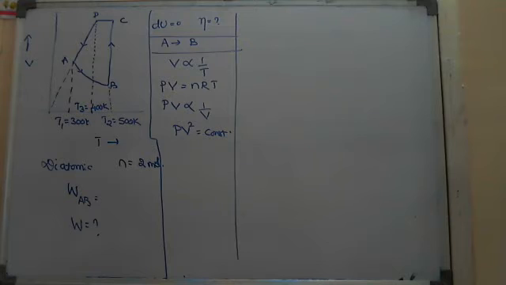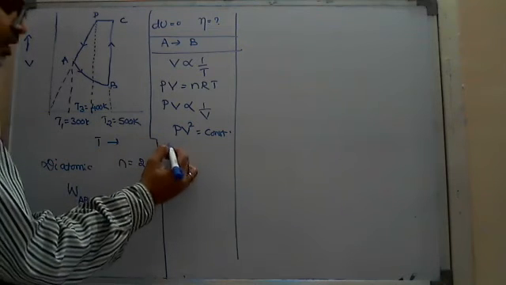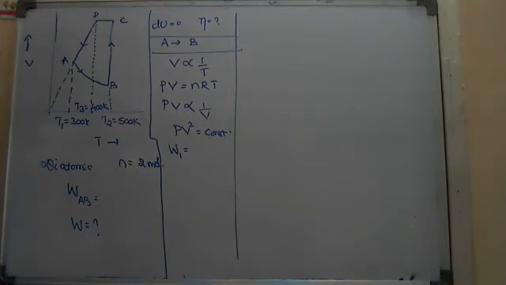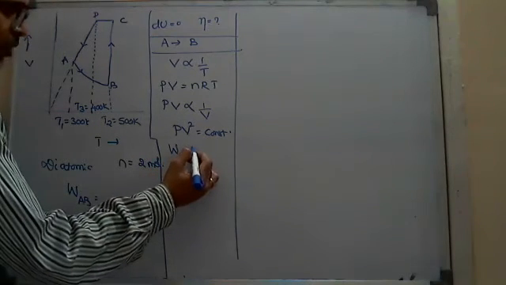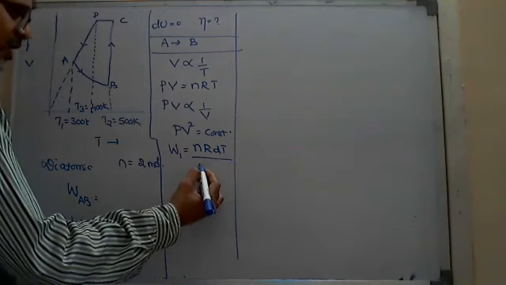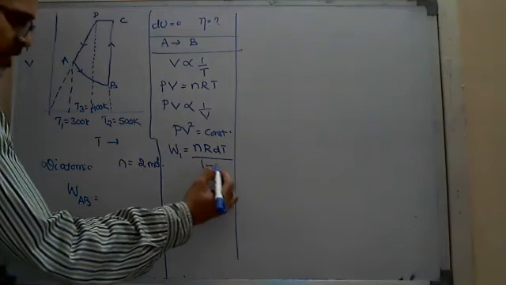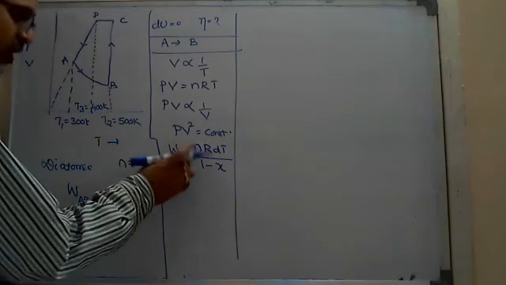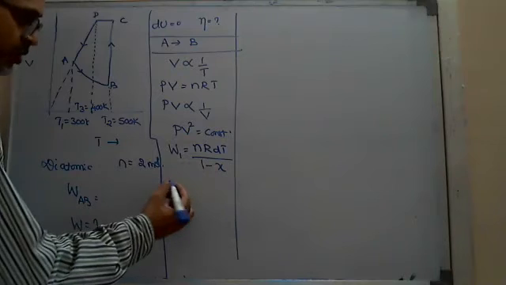So the work done in the first process, W1, according to our formula, is nR dT by 1 minus x, not x minus 1. Yes, sure, nR by 1 minus x.